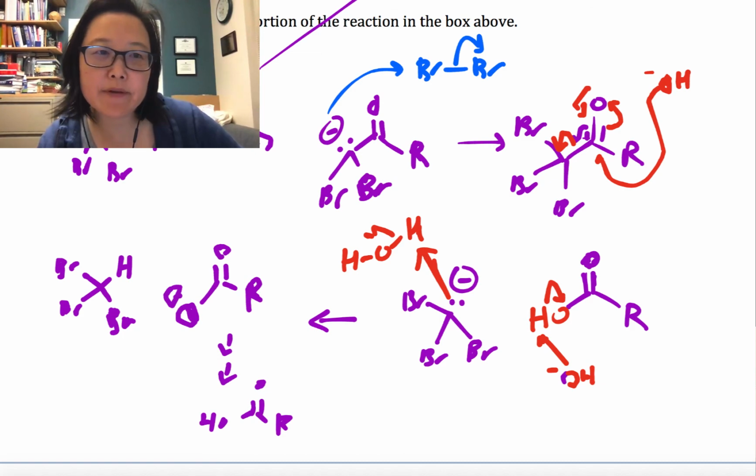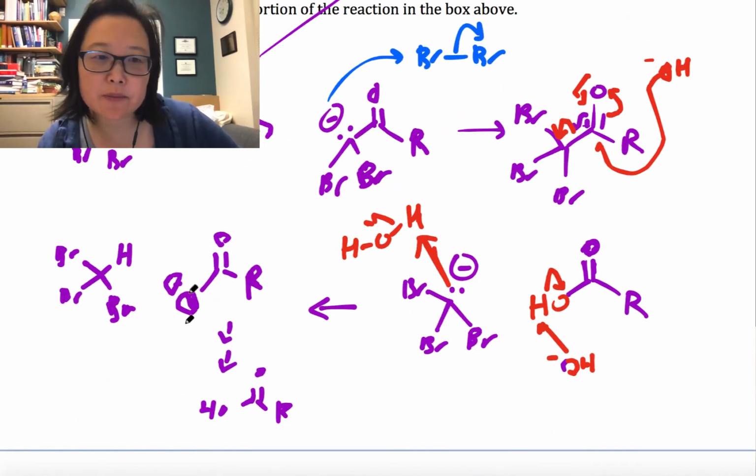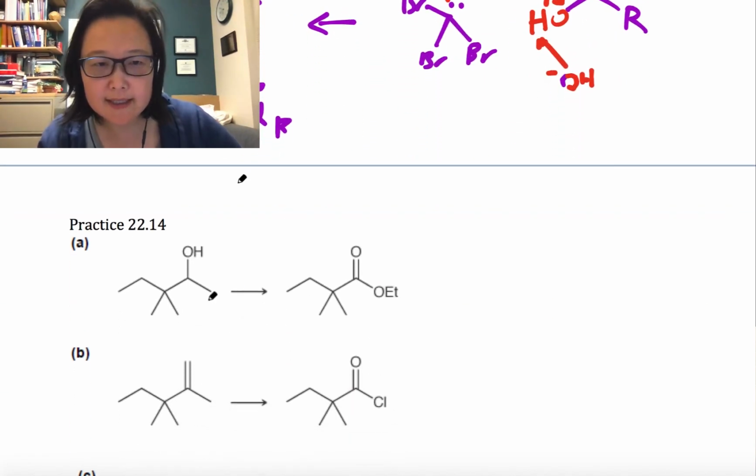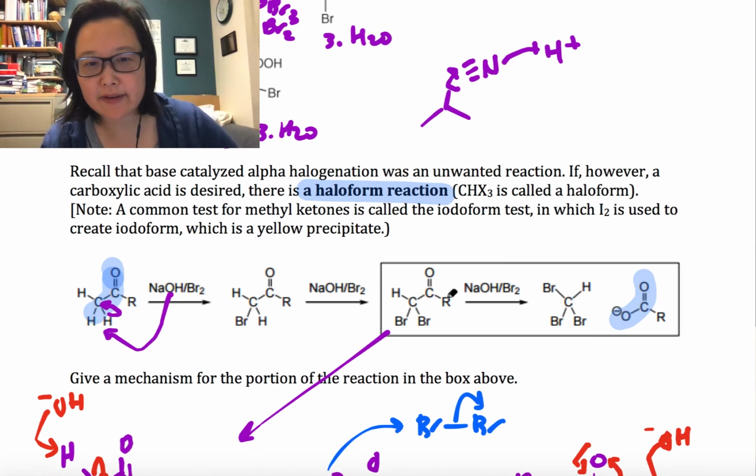All right, so overall, what are we doing? We're taking a methyl group that was here and replacing it with a hydroxyl group, which is in its basic form in basic solution. For these problems, first of all, write this reaction in your list of reactions.